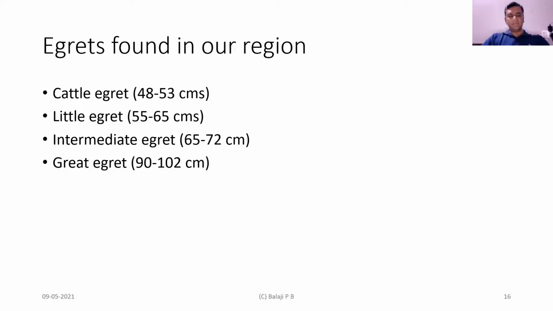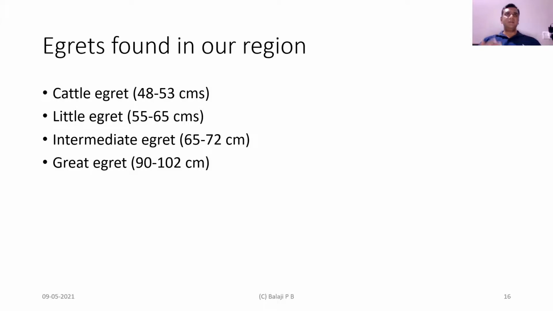The little egret is 55 to 65. The intermediate egret is 65 to 72, and the great egret is 90 to 102 centimeters. It's not that we're going to take a scale to the field and measure the birds in order to identify them, but just keep this in mind.